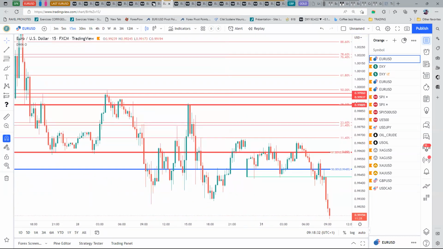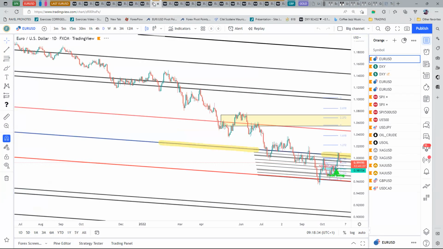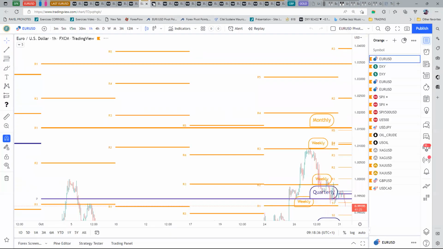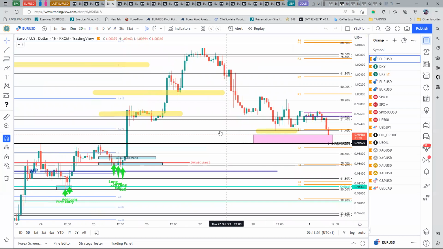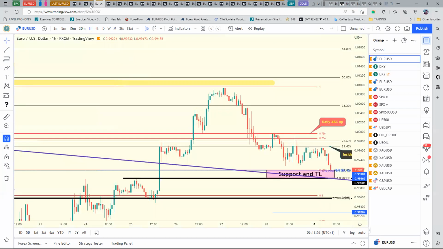This channel is very important too, but we will look at it later. It's a very important place where we are landing soon. And of course, this very, very big 61.8 yearly fib. I will explain how this is coming and where it's coming from.